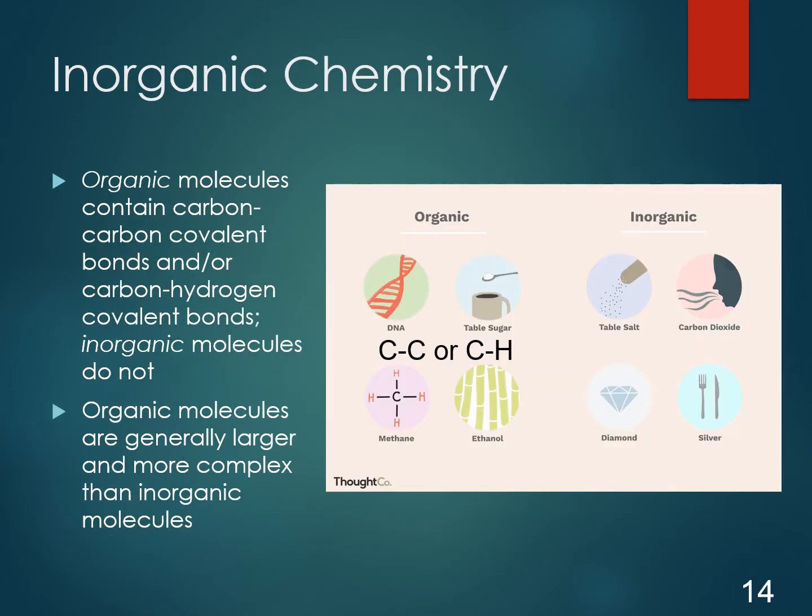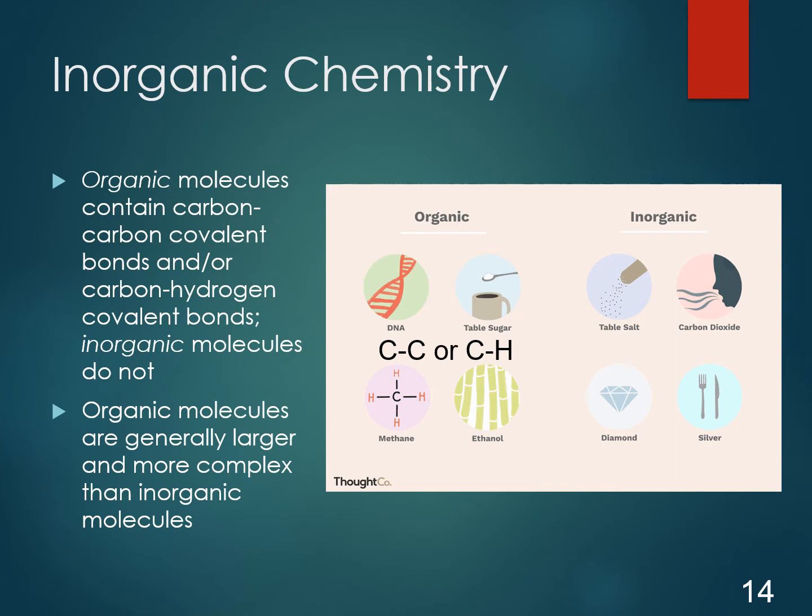So all compounds can be classified in two ways. One is as organic compounds and the other is as an inorganic compound. So organic molecules typically contain carbon and hydrogen. Now, whether the carbon is bonded to another carbon or the carbon is bonded to a hydrogen, this bonding is a covalent bonding.